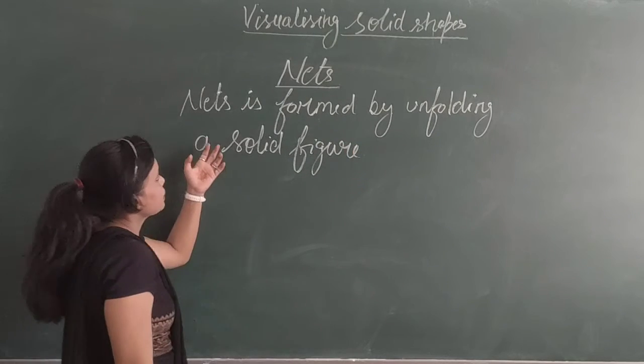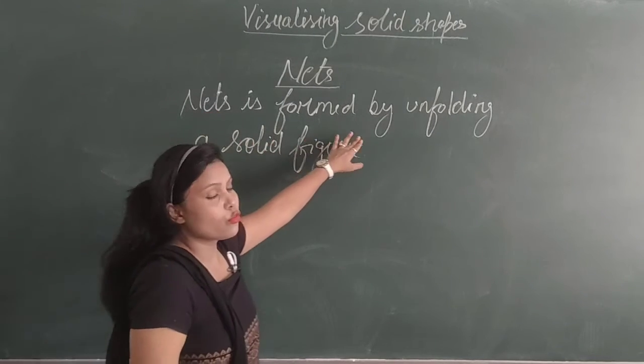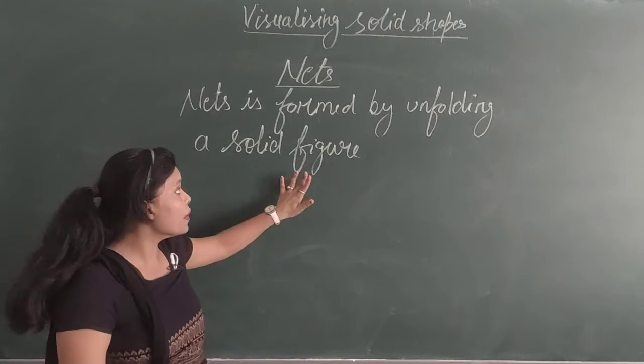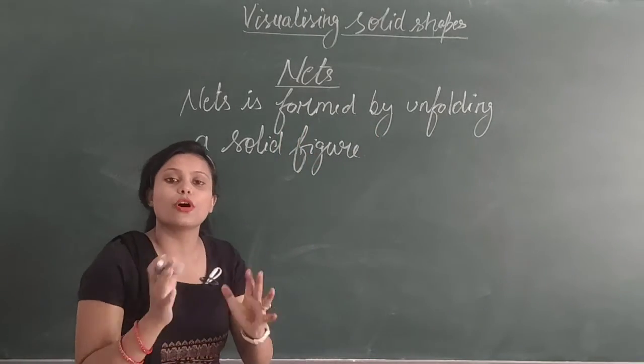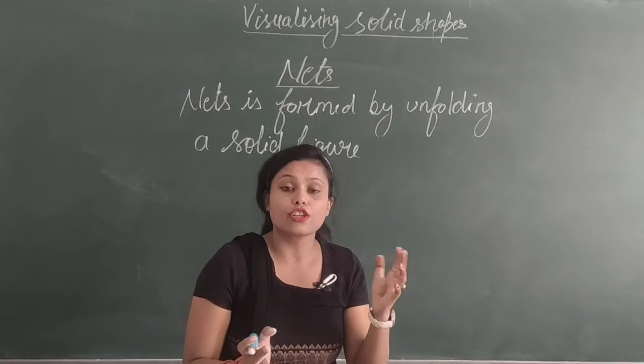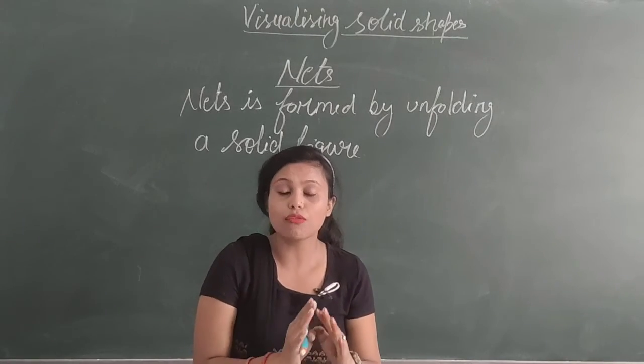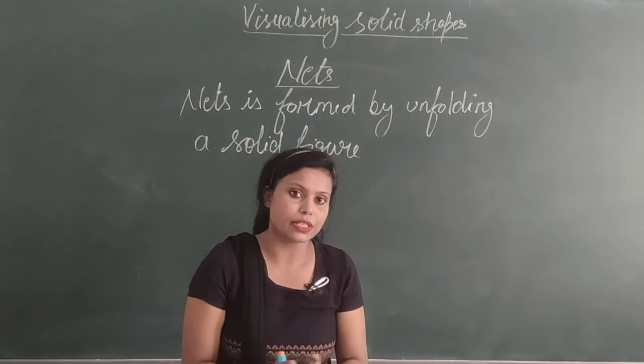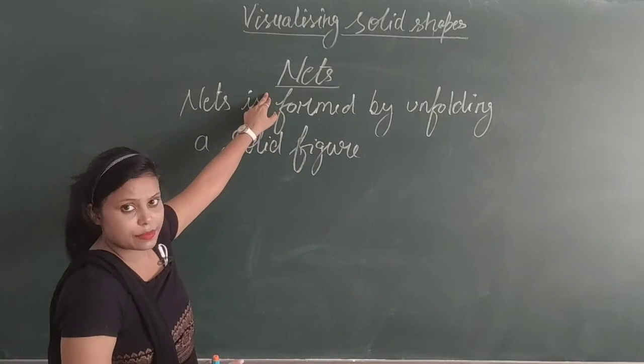So what is a net? A net is the unfolding. It means if we open a cube or cuboid, a solid figure, into a plane figure, into a flat form, that representation is known as a net.